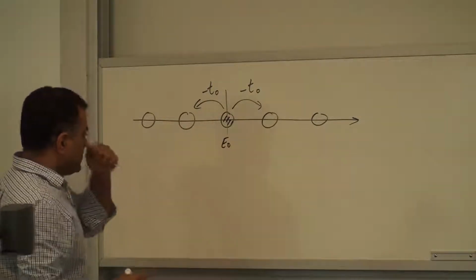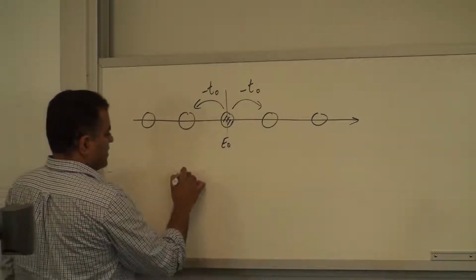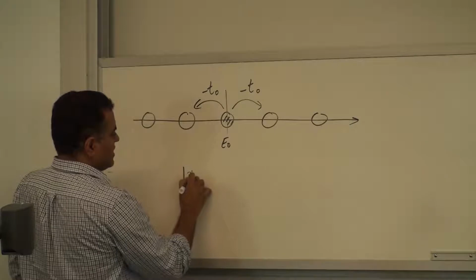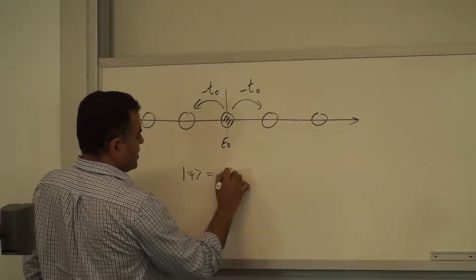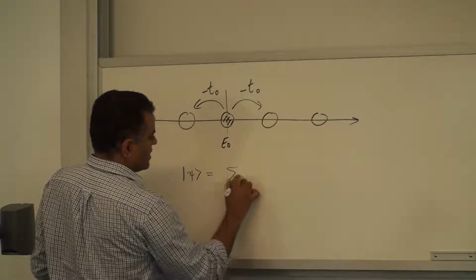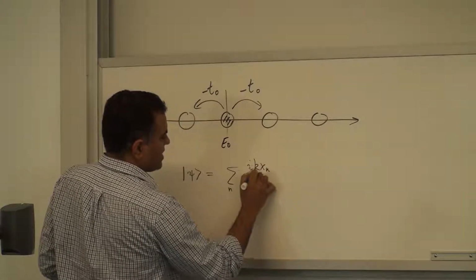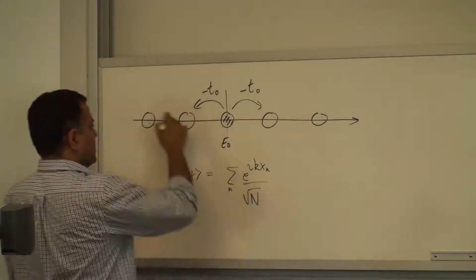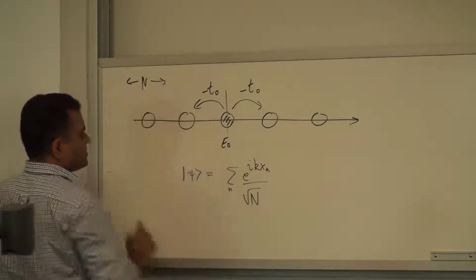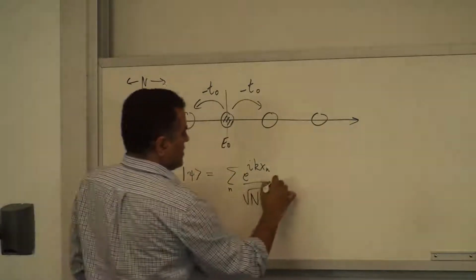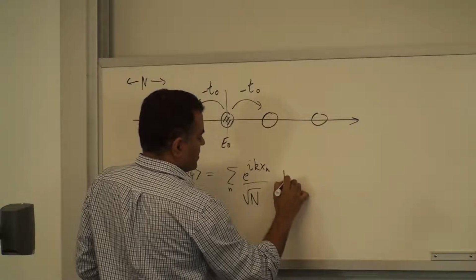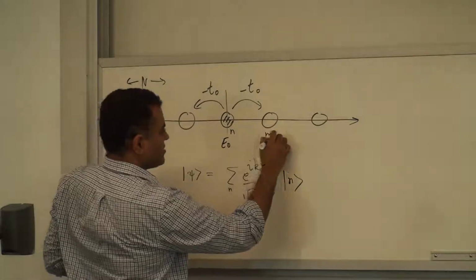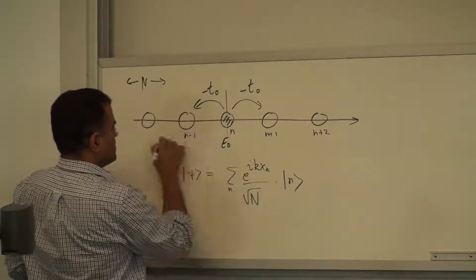And so in standard single particle solid state physics courses or quantum mechanics courses, the way you solve this problem is, say that I know that I'll have a state which will be a Bloch state, so it may look like e to the power i k x n, where k is a wave vector, over square root of big N, where big N may be the total number of atoms, the number of sites here, times, basically, if the particle was sitting only here, we label it as n, and this is n plus 1, n plus 2, n minus 1, n minus 2, and so on.